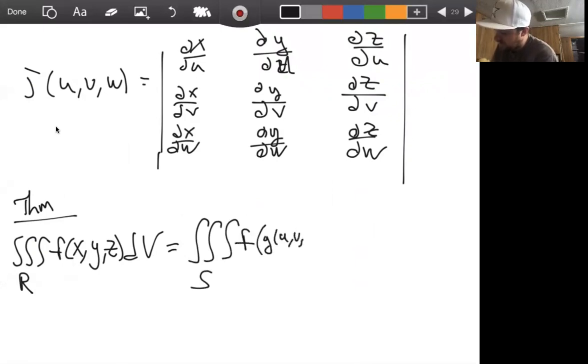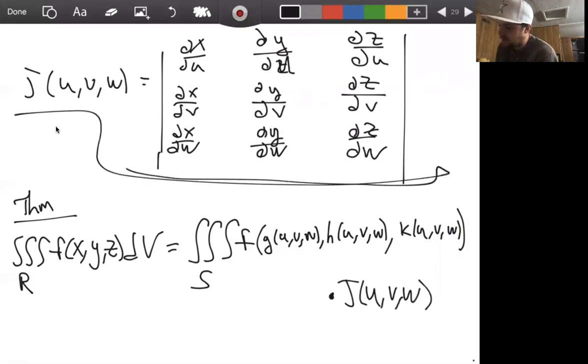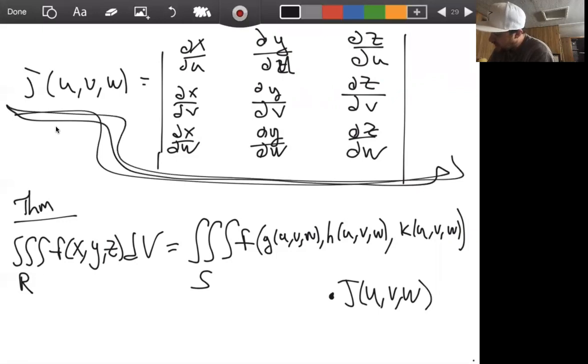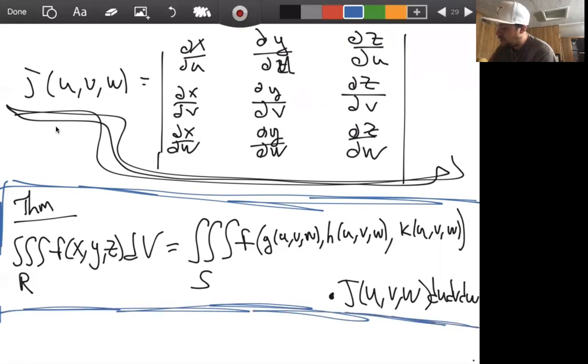So g of u, v, w, h of u, v, w, k of u, v, w, and I'm out of room here, but this is times the Jacobian in these 3 variables, which is calculated right here. And then du dv dw. And so we have an analogous 3-dimensional theorem for using the Jacobian when calculating integrals under transformations.